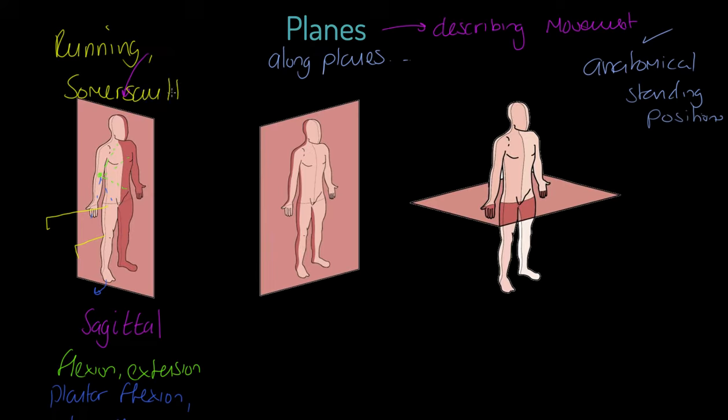Imagine if this person was to rotate all the way around in a forward roll, or a back somersault in the opposite direction, of course. Those are examples of movements along the sagittal plane. I also like the example of kicking, whether that's a penalty in rugby or some kind of football experience. We've got kicking as well.